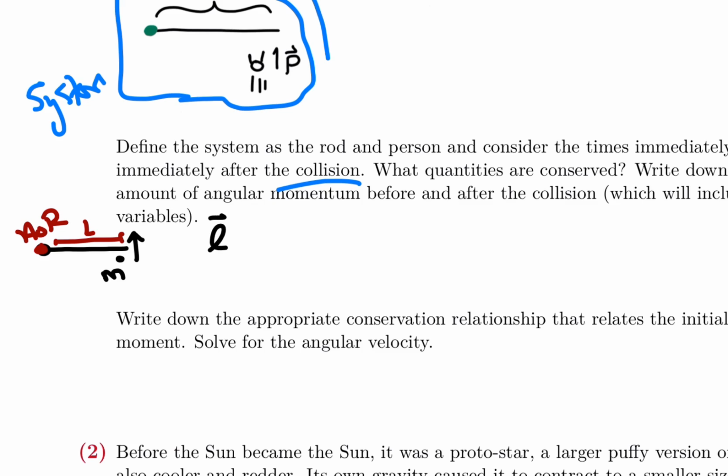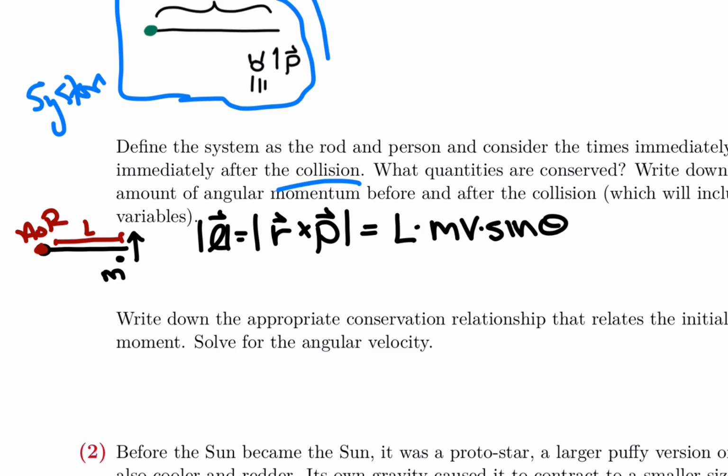So we can write the angular momentum initially as the magnitude of the moment arm cross the momentum the person has, which in this case is just the length of the moment arm times the momentum the person has multiplied by the sine of the angle between the moment arm and the person's momentum.